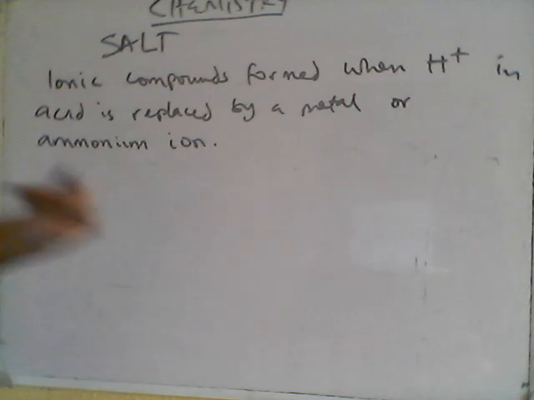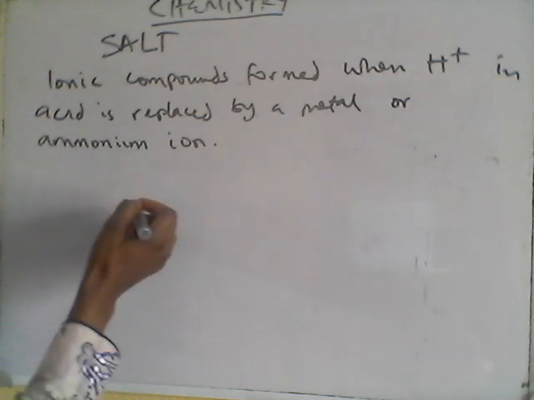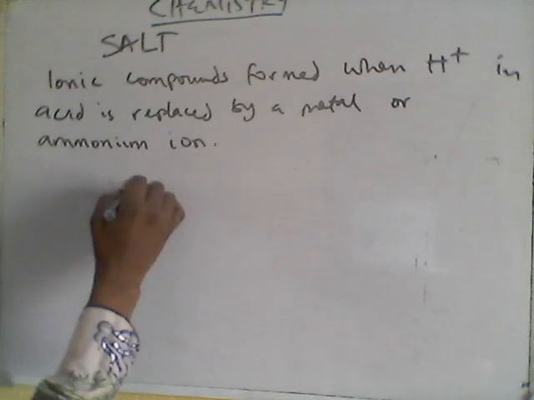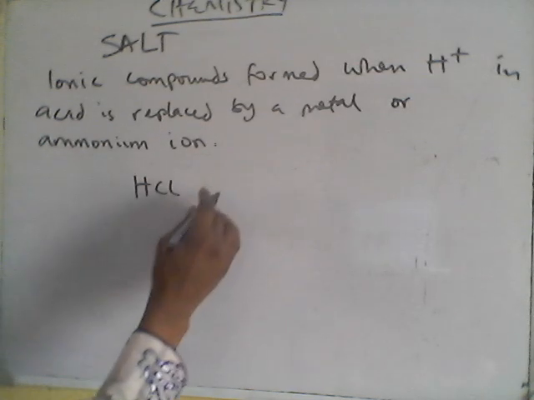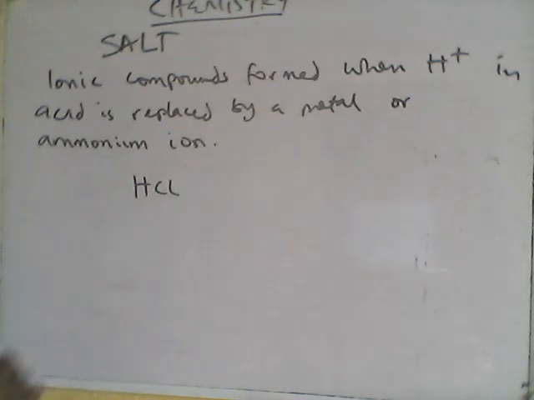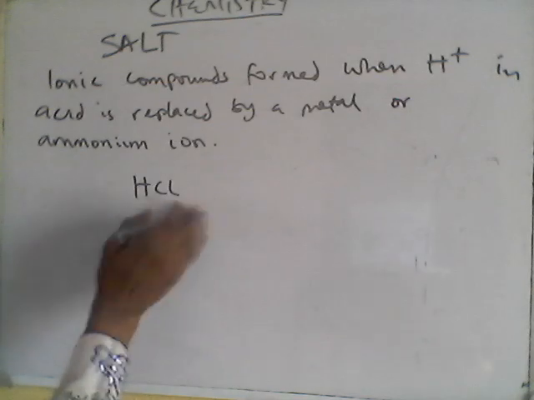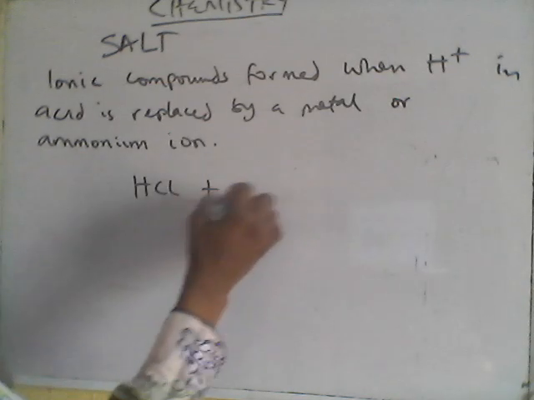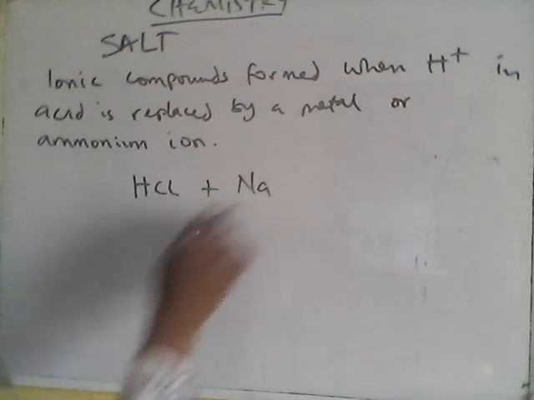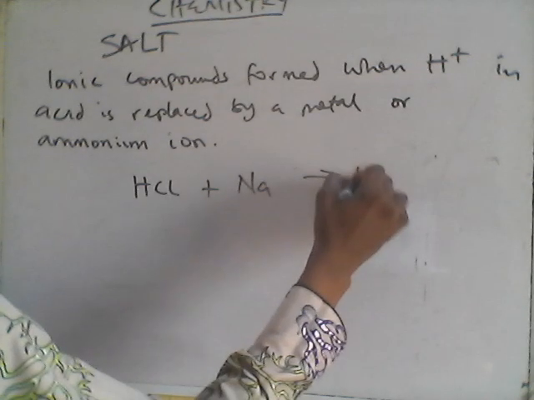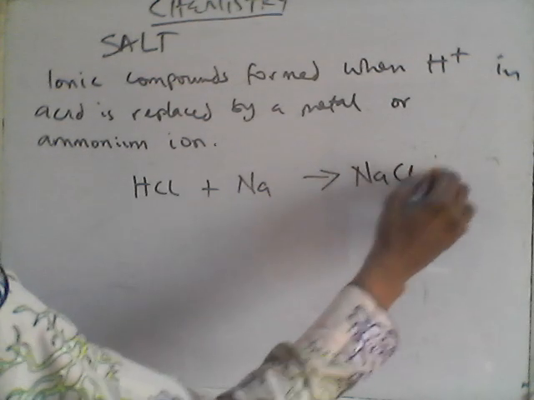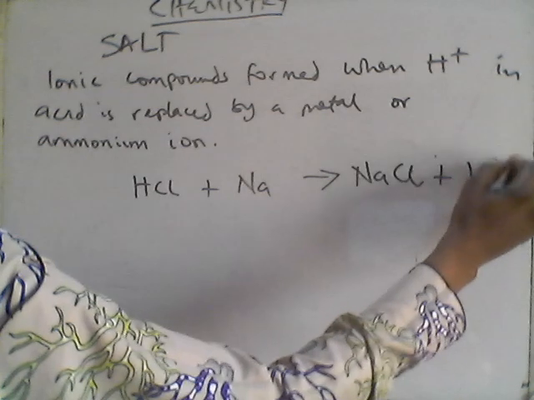For example, if I have HCl, acids are formed when hydrogen ion is replaced by a metal. Okay, and it reacts with maybe this one. It can give me sodium chloride plus hydrogen evolving.